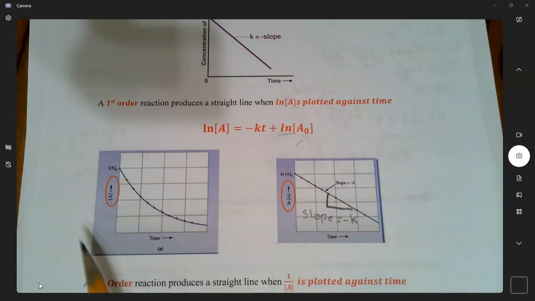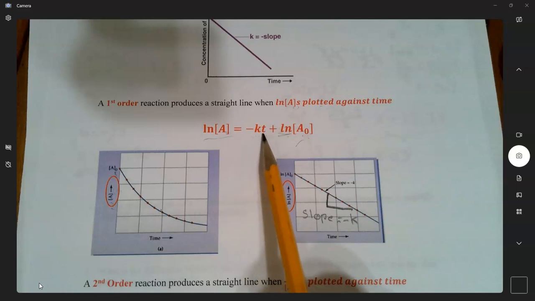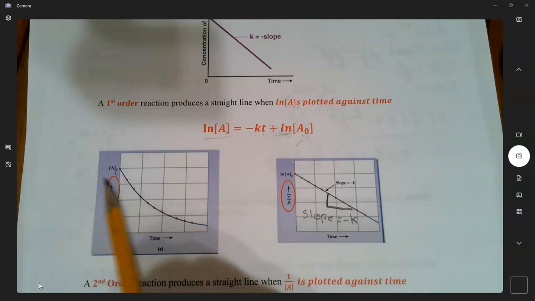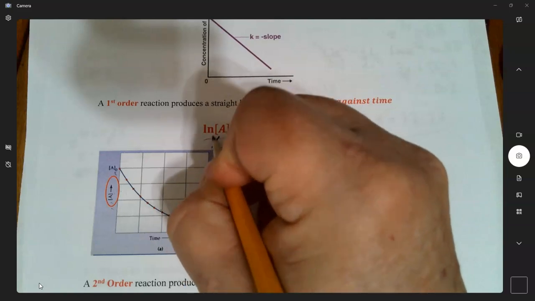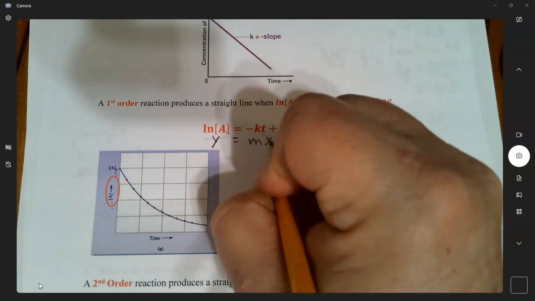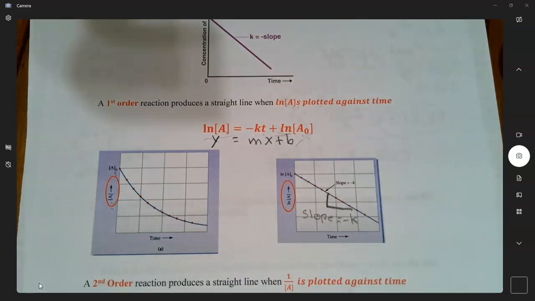Now, if you take the natural log of this and the initial reaction, then you end up with this equation: natural log of A equals negative kt plus natural log of A naught, or A0. That's the initial concentration. Well, this follows the slope-intercept form, y equals mx plus b, from algebra class or from math class.